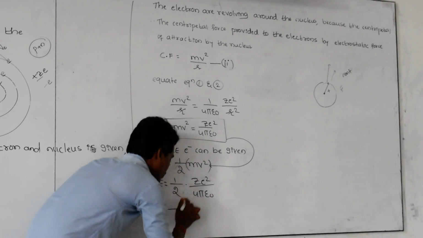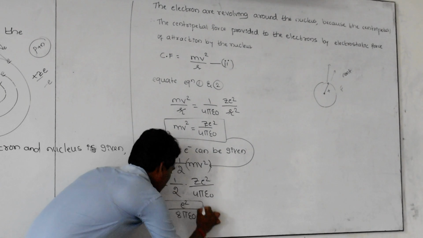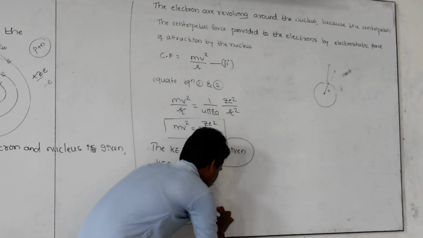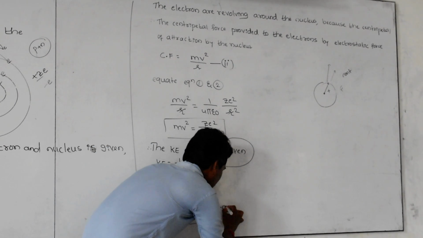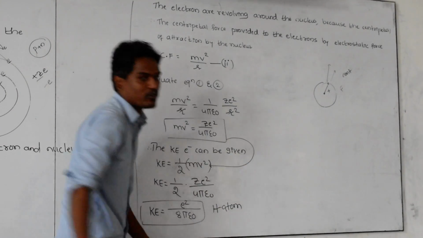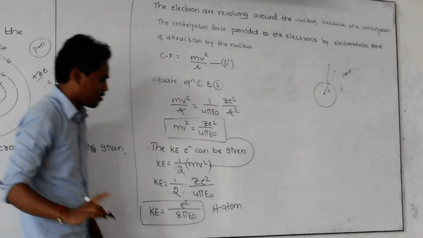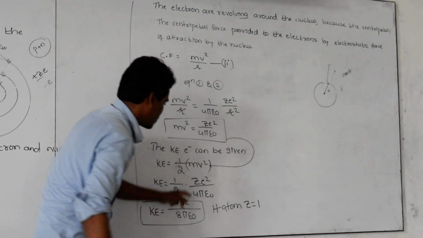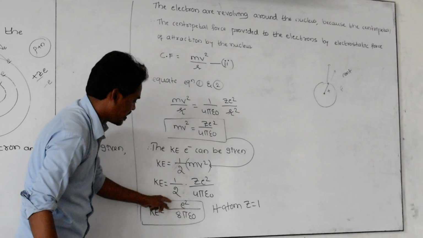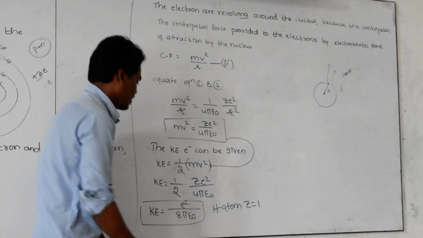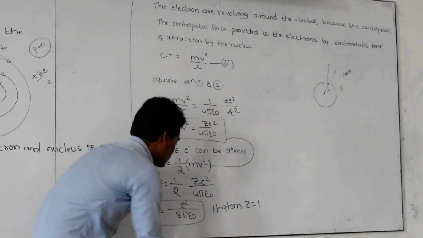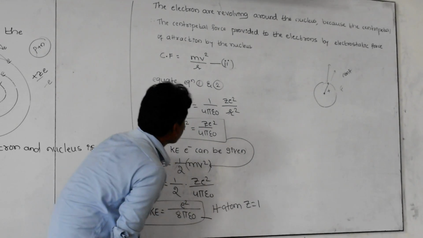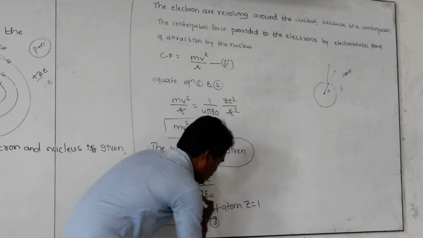I am writing only e square because I am considering the hydrogen atom, and Z for hydrogen is 1, since it has only 1 proton. Substituting Z as 1, the remaining is e square divided by 8 pi epsilon naught. Let us take this as equation 3.